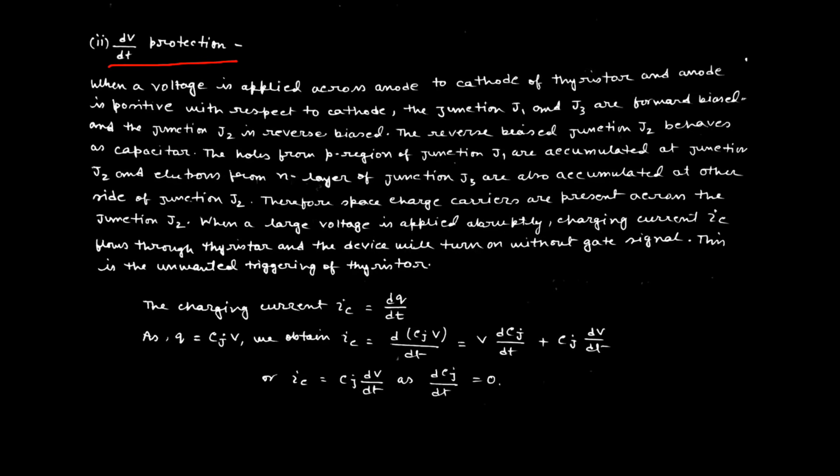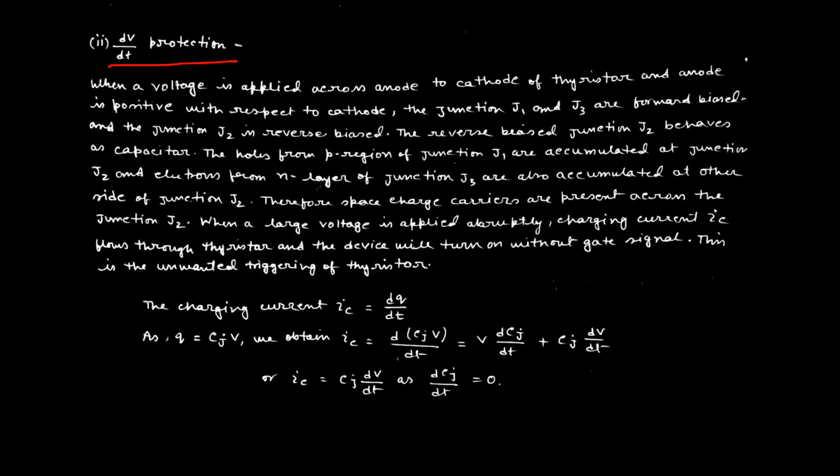Therefore, space charge carriers are present across junction J2. When a large voltage is applied abruptly, the charging current Ic flows through the thyristor and the device will turn on without a gate signal. This is actually unwanted triggering, which is defined by this expression.